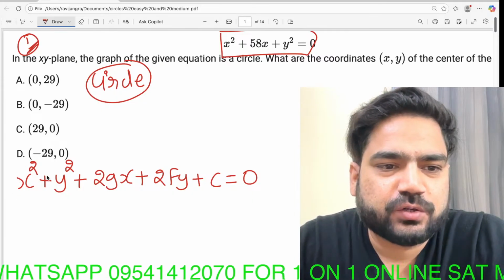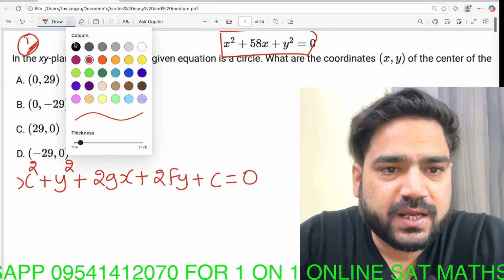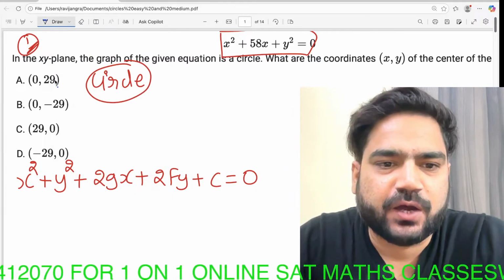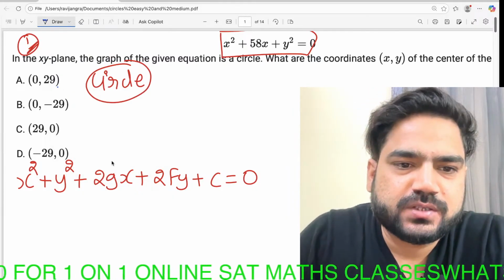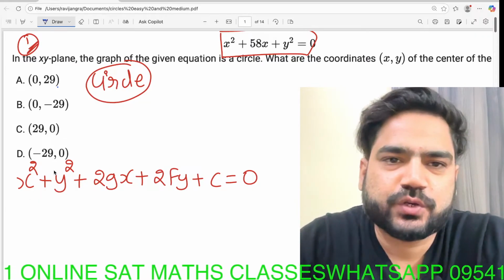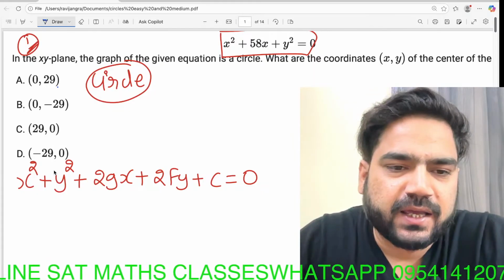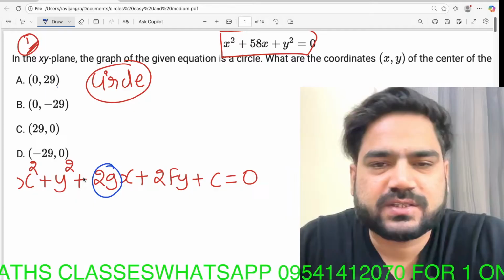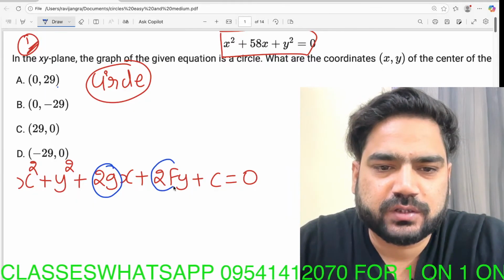When the coefficients of x square and y square are 1, at that time we can find the center of the circle. How? Look at the coefficient of x and the coefficient of y. Here the coefficient of x is 2g and the coefficient of y is 2f.